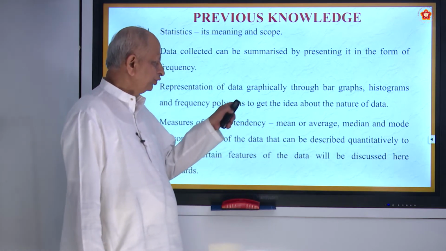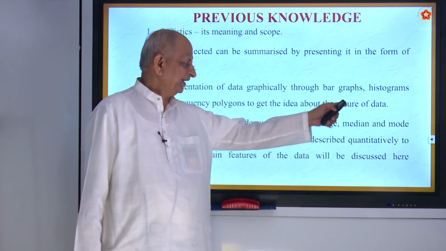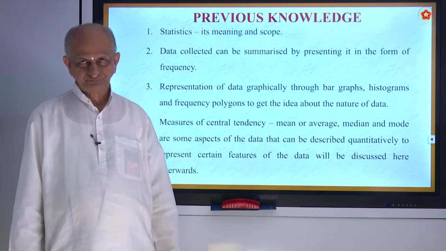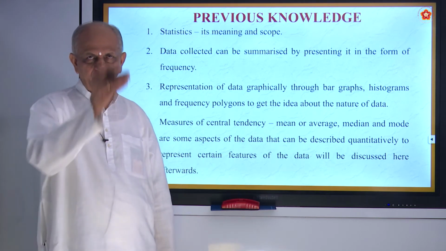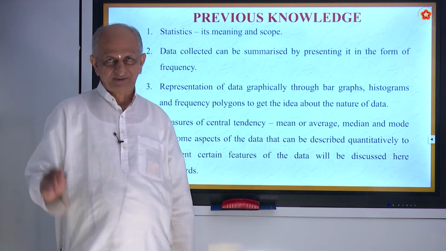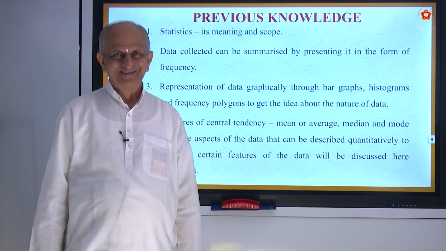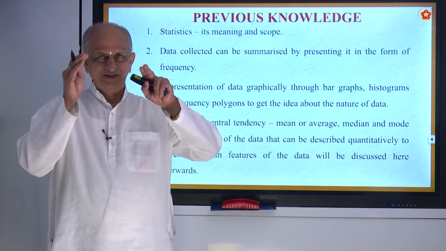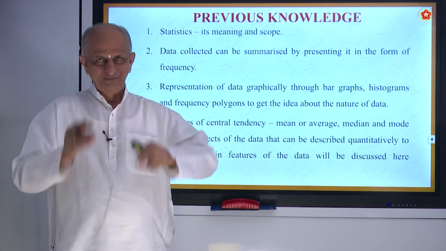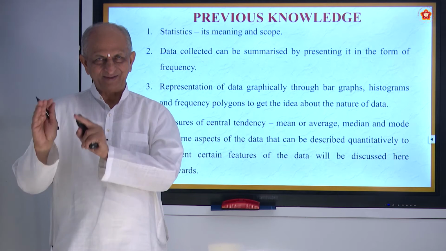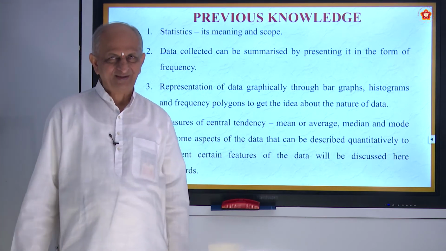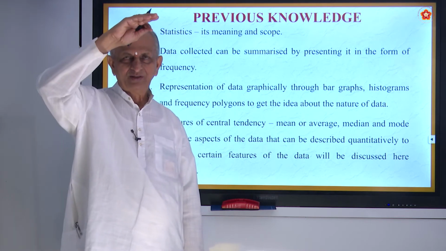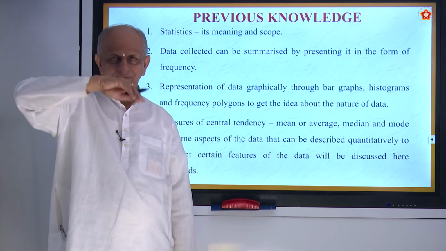So what does all this show? They show you about the nature of data. You can make out. For example, if you draw the bar graph of the SSLC results, subject wise, Kannada, what is the result of the school, English, then maths, science, social science, etc. So you can make out which subject has scored the highest percentage.